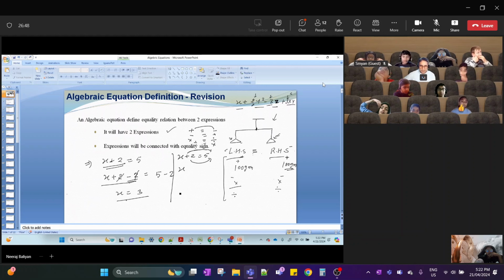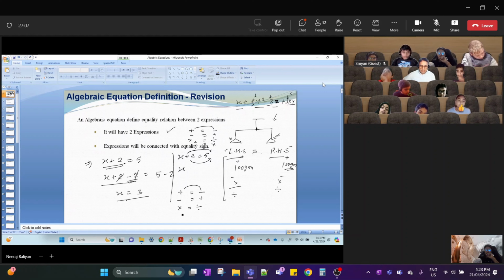If a term is positive on left hand side and we want to move it on right hand side, its sign will change to opposite, minus. If term is minus, when we change its side, it will turn positive. Similarly, a multiplication term will become division, and any term in division will become multiplication when we change the side.